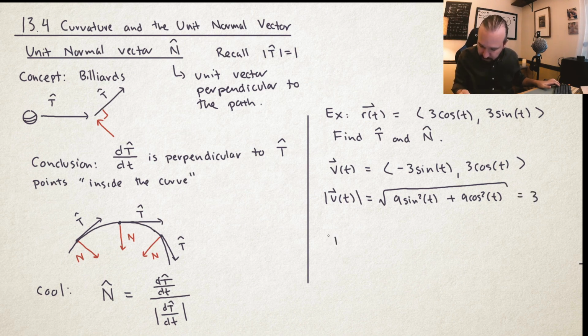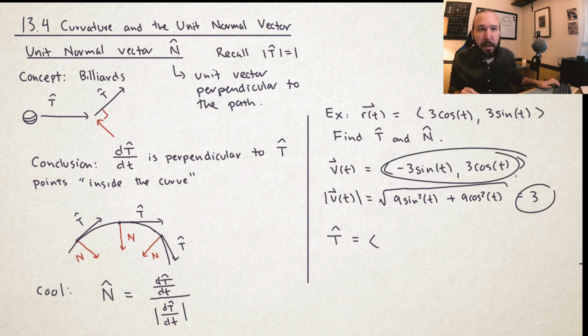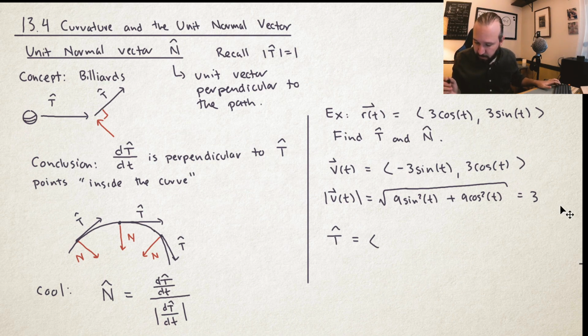So this means big T hat is equal to V divided by the magnitude of V. All right, I think it's pretty clear what's going to happen here, right? When I divide these 3's by that 3, it's going to cancel. So I get big T is negative sine T, cos T.